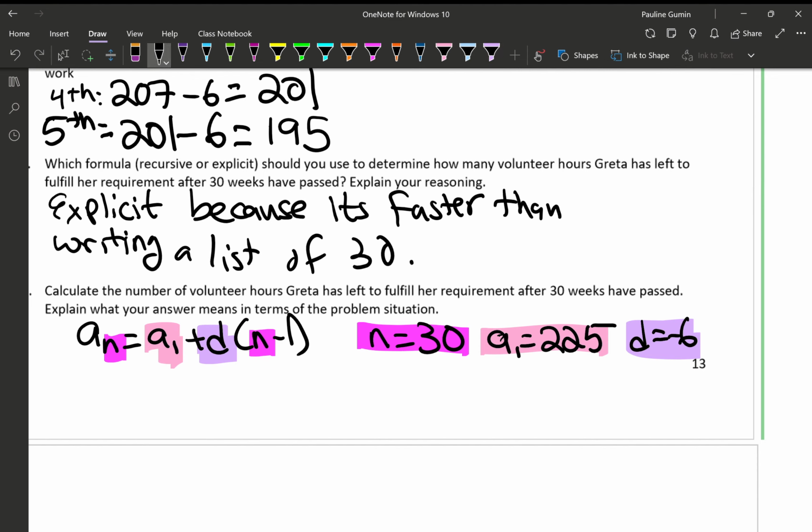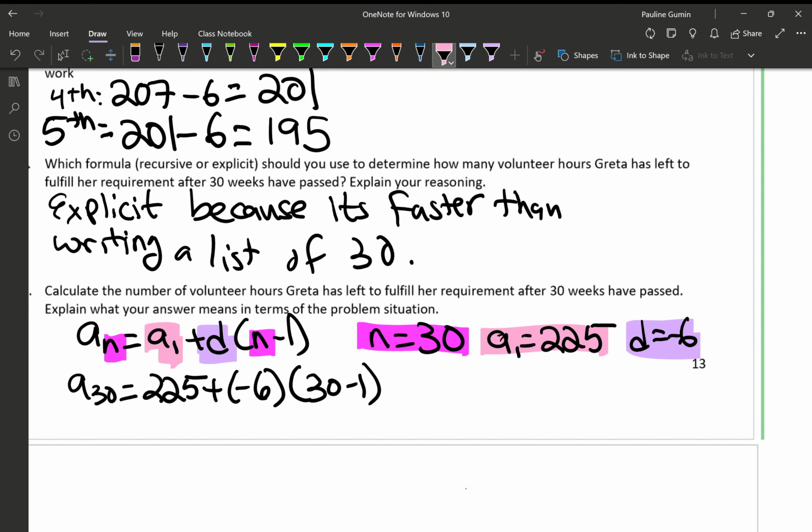All right, let's do it. A30 equals 225 plus negative 6 times 30 minus 1. All right, plug that into your calculator while I color code my life away. Beautiful. I get that A30 is 51. So she has 51 hours left after 30 weeks.